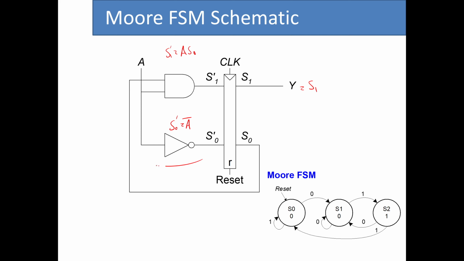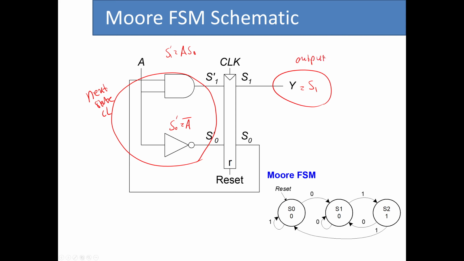So this is again the next state logic unit. Here is the output logic unit, which is basically no extra gates, right? So no extra gate is still a combinational circuit.